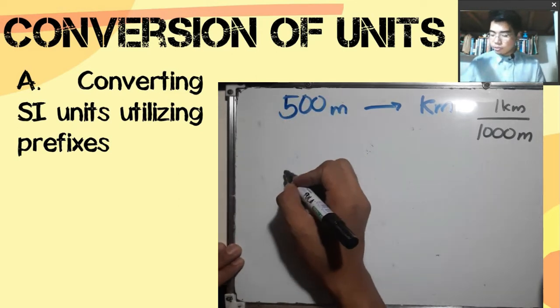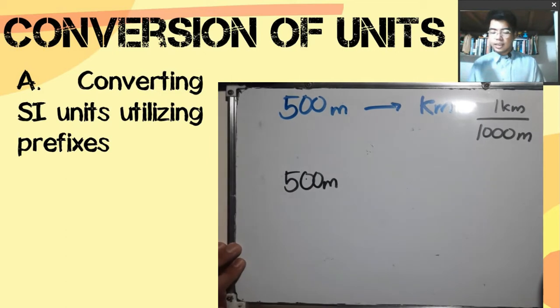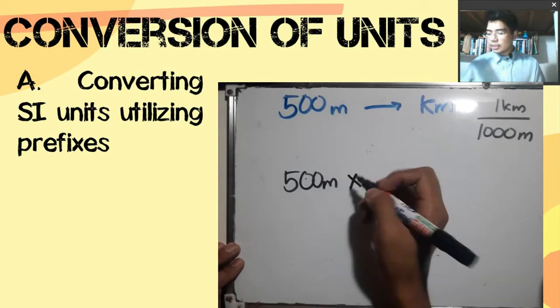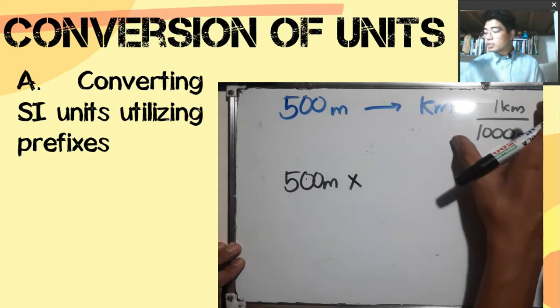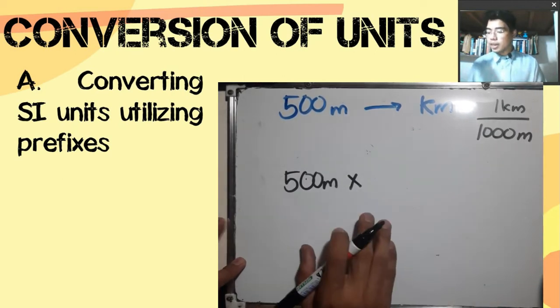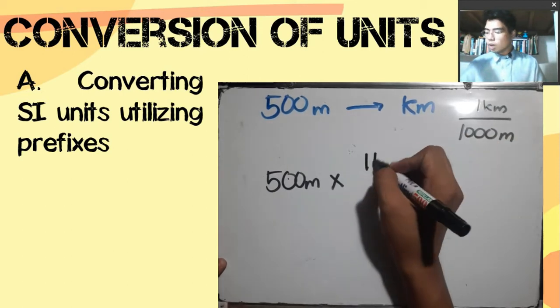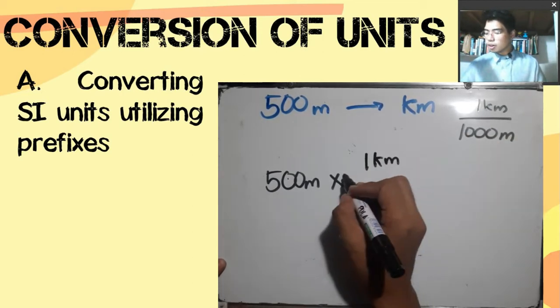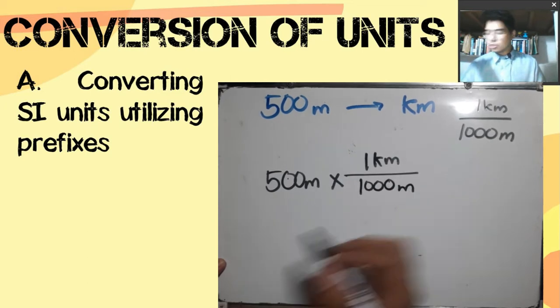We're going to start with 500 meters. Then you multiply this with our conversion factor, 1 kilometer over 1,000 meters.